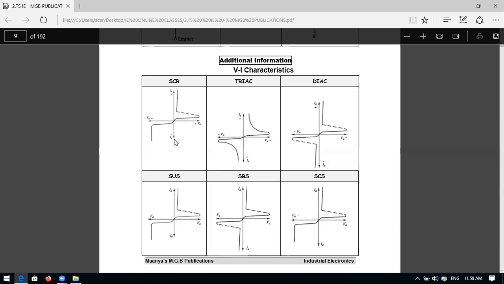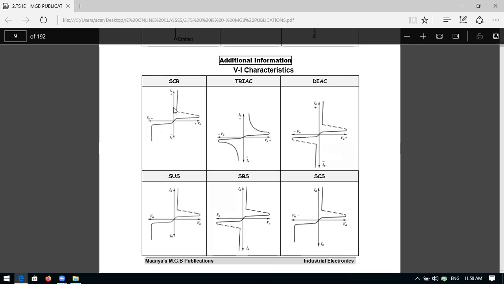If you see the reverse characteristics, they are almost the same as diode characteristics, but the forward characteristics are different because you have an extra terminal, the gate. That is the reason it performs differently.